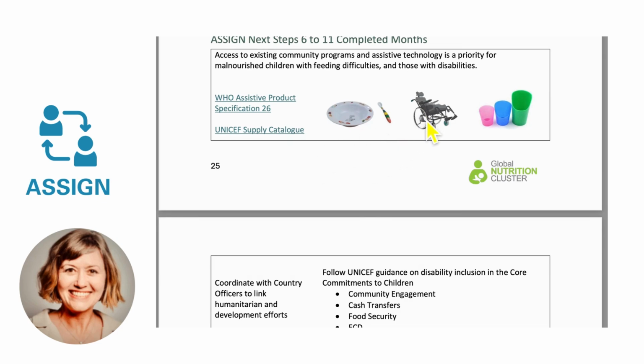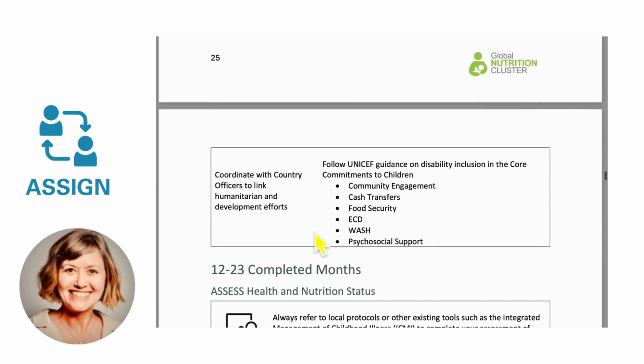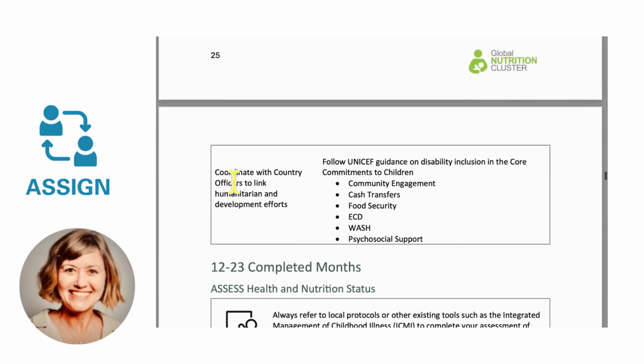Maybe it's supportive seating, maybe it's modified cup, maybe it's something that helps with eating solids. And then most importantly, we really want to encourage coordinating with country officers to link these humanitarian efforts and move more towards development and away from just responsiveness.